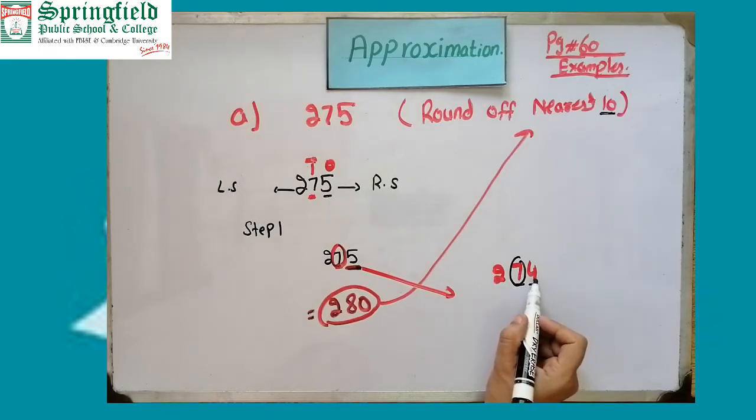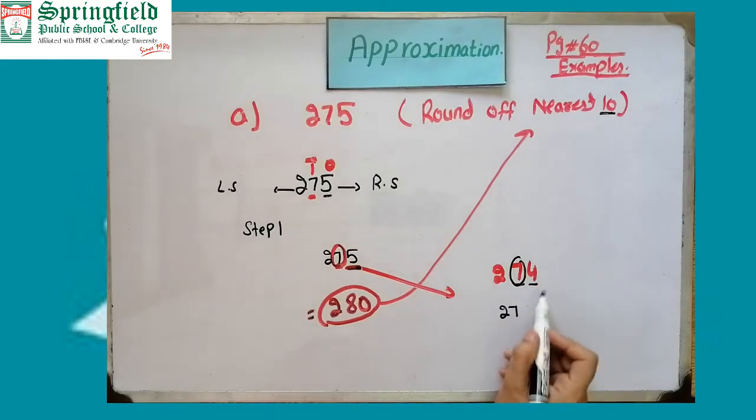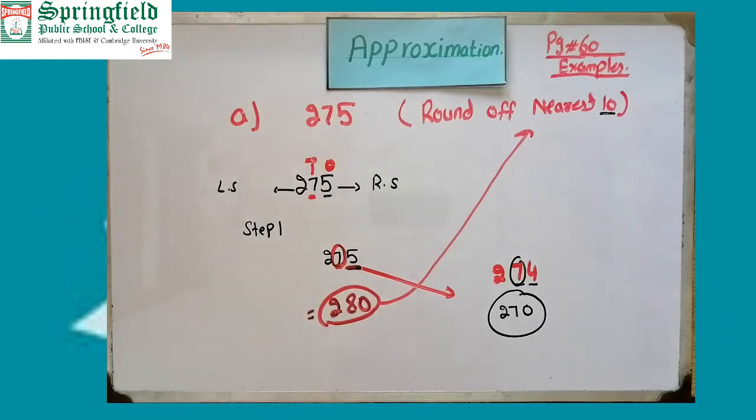So we write 27 the same and the next digit becomes 0. It means 270 is the nearest 10 to 274. Understood? Now come to the second part of this example.